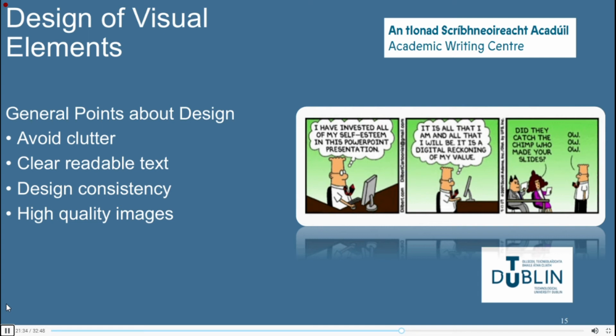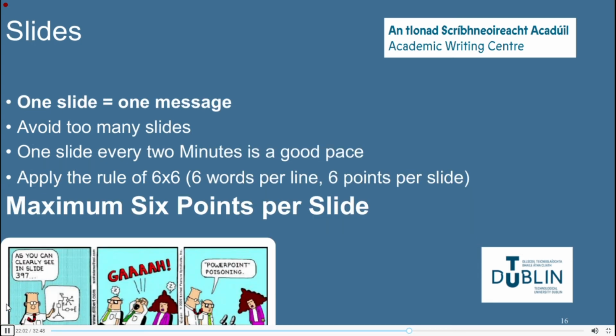So your text needs to be clear and readable, and you need to adopt a design format that is consistent throughout the presentation, and this is translated in the type of font you use or the colors or the icons you use. If you're using images, use them sparingly and select images of high quality.